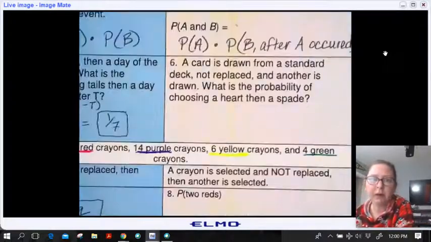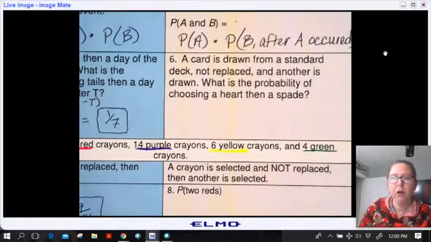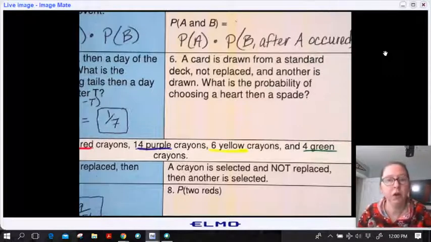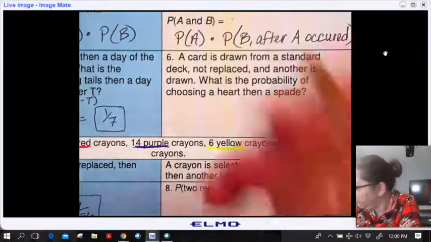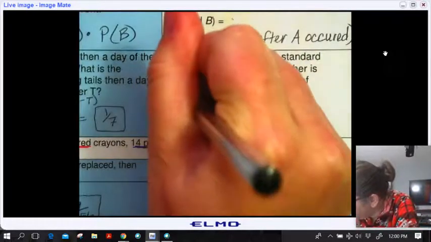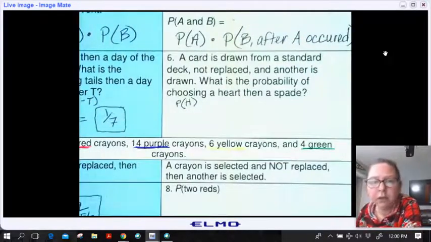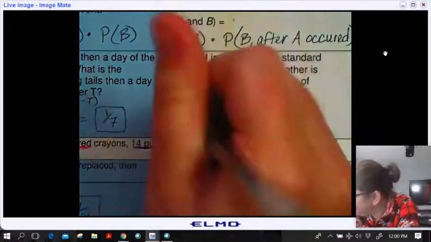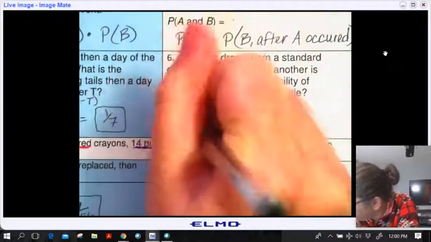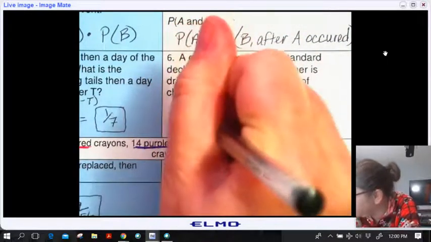And now I feel like we're ready to answer this. So a card is going to be drawn from a standard deck and not replaced. I'm not going to put it back. And then another card is going to be drawn. What is the probability of choosing a heart and then a spade? So the probability of a heart is going to be, well, there's 13 hearts and there's 52 total cards.